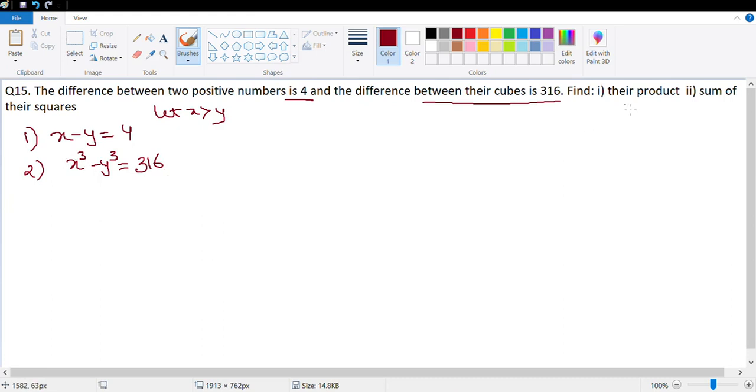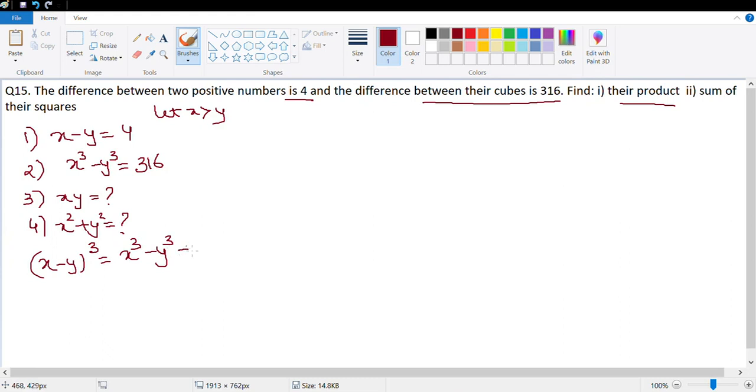Next, we need to find their product. So what we need to find out is xy and the sum of their squares, which means x square plus y square. So the relationship that I know is x minus y the whole cube is equal to x cube minus y cube minus 3xy times x minus y.